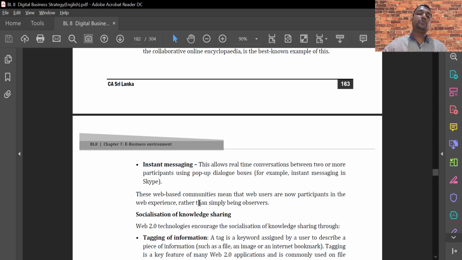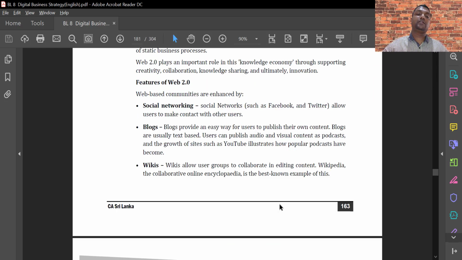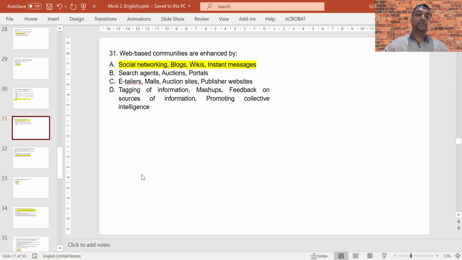Now we can interact with it, we can comment on it, we can like it, we can share it, we can tweet on it, we can chat with the organization on the web page. So users can engage and participate. So that's Web 2.0. So the answer for 31 is answer A.